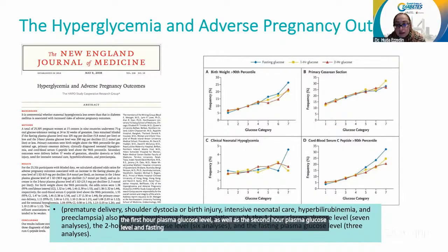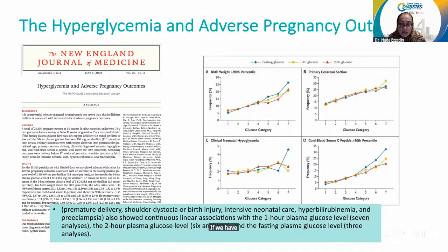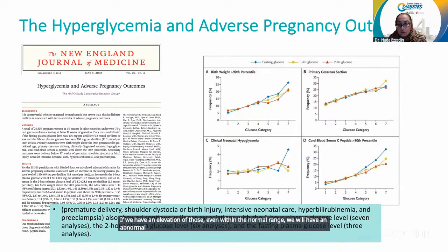So for any of these three indices, if we have an elevation, even within the normal range, we will have abnormal, unwanted consequences in the mother as well as in the fetus.